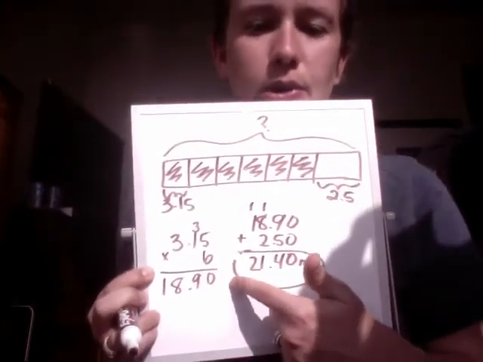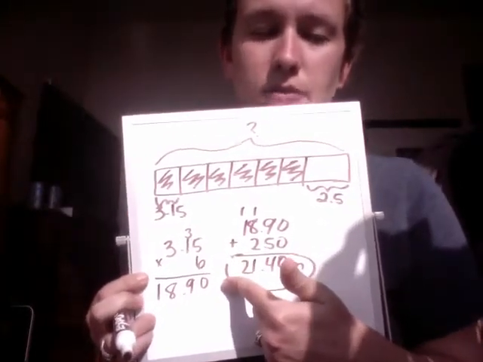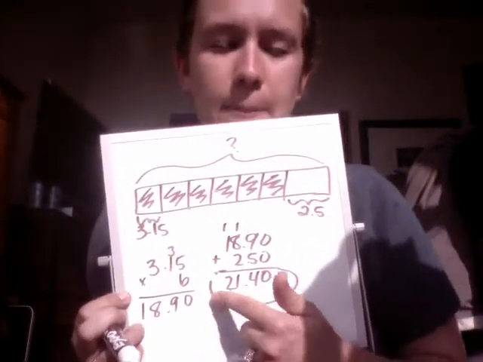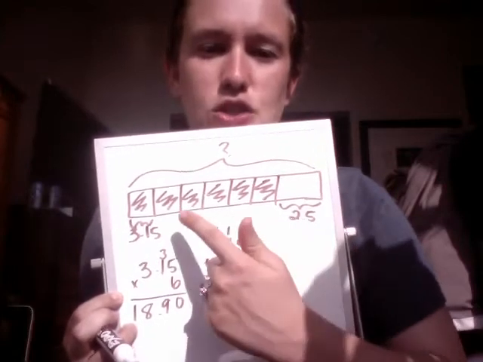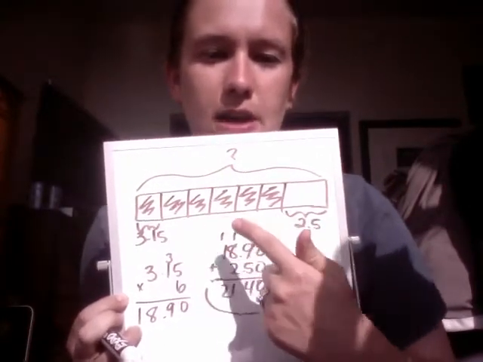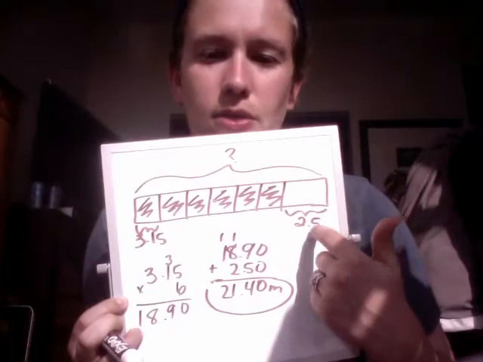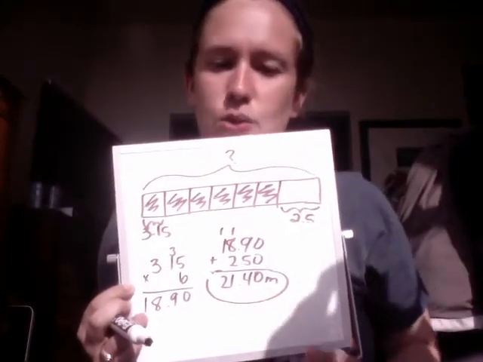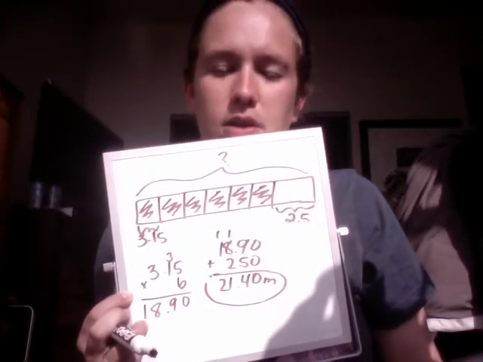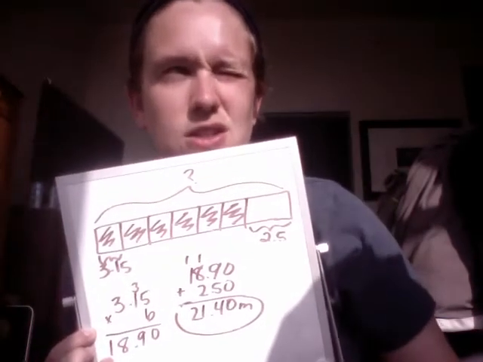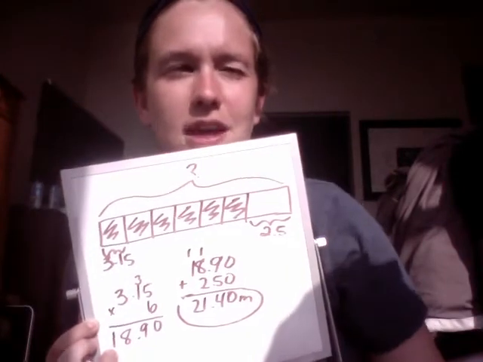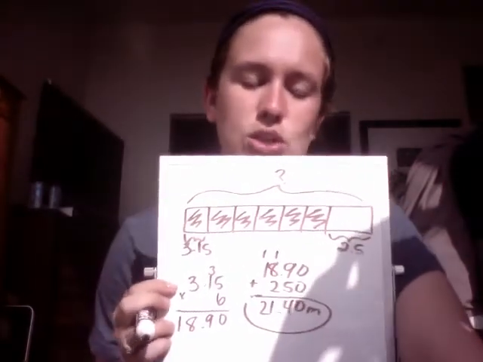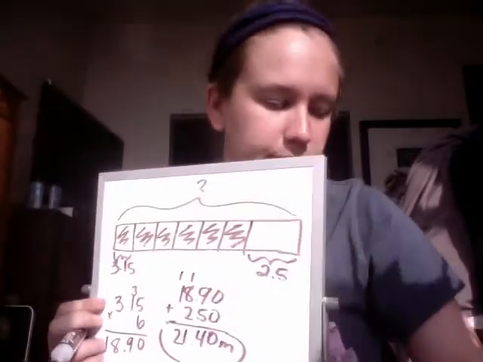I got 18.9, or 90 hundredths, same thing. And then I took that number, because that just told me all my curtains. I still needed to add the 2.5 left over. After I did that, I found my answer as 21.4, either 21 4/10 or 21 40 hundredths, was the total amount she had bought at the beginning.